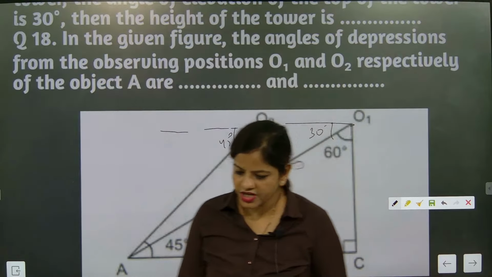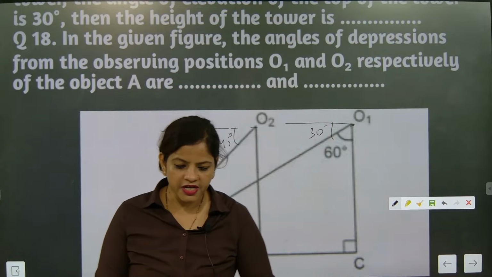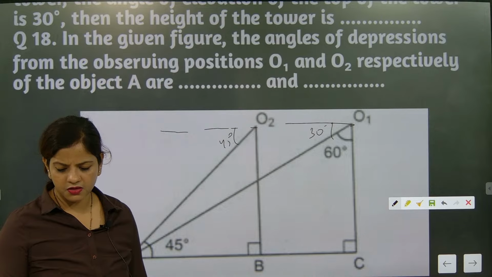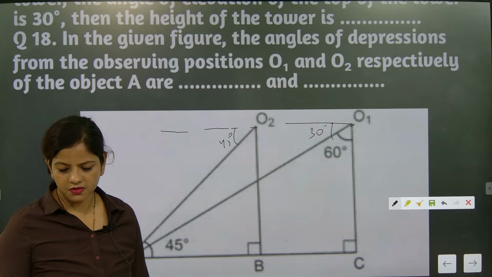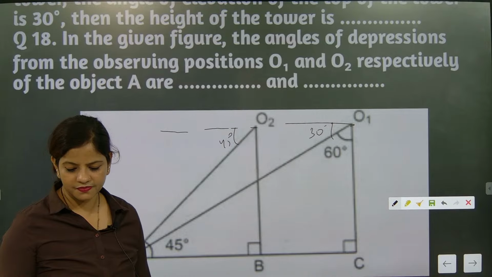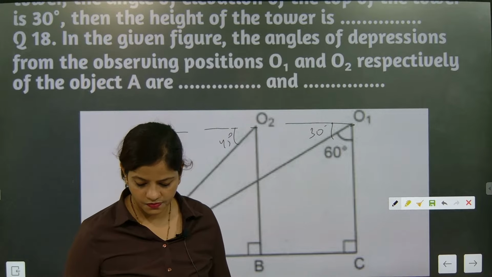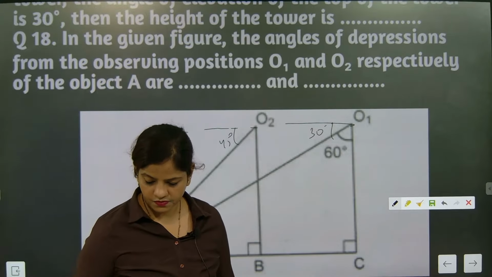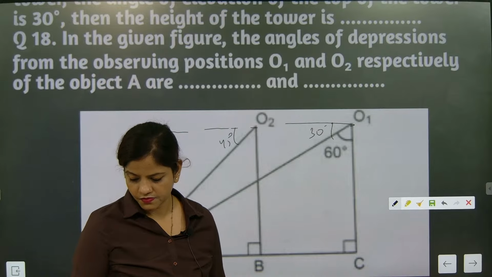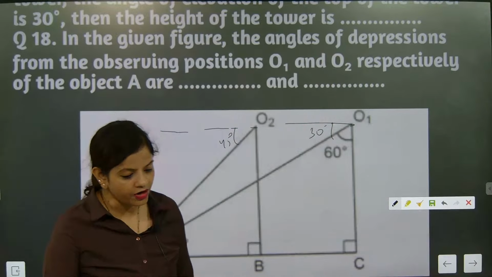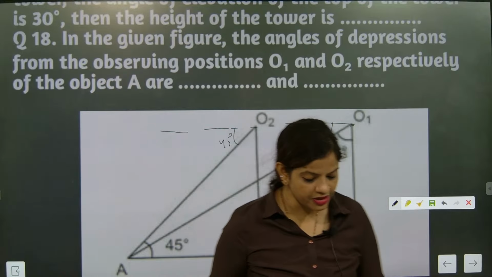Check everyone how much it is coming. 30 and 30 coming. Very good. 30 and 45. The correct answer is coming back only.